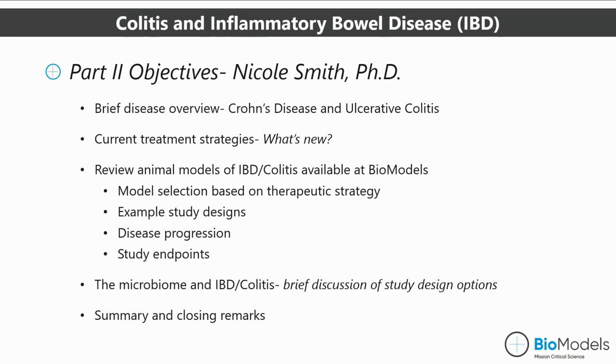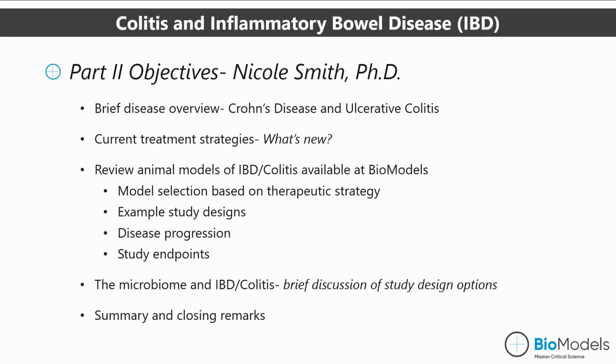I'd like to start today with a brief discussion of the disease and a discussion of Crohn's disease and ulcerative colitis. And then I'd like to talk about current treatment strategies and what might be new and coming down the pipeline.